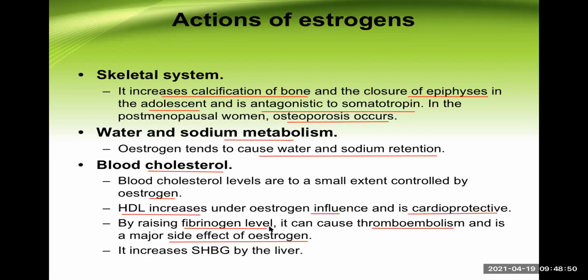So an excessive level of fibrinogen will lead to thrombus formation, and that thrombus, okay, can lead to blockage of different types of circulation. Okay, so this is considered one of the major side effects of the oral contraceptive pill. It increases sex hormone binding globulin synthesis by the liver as well.